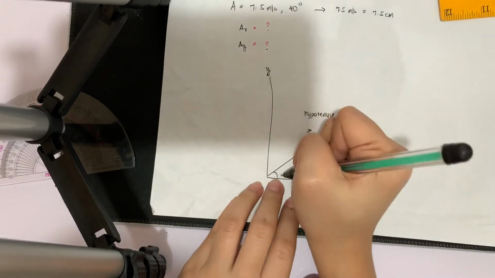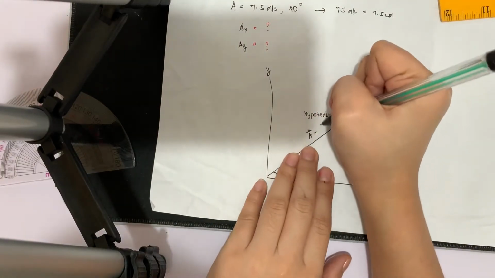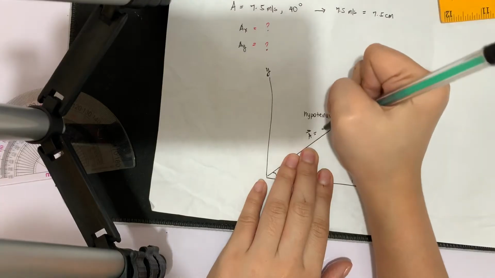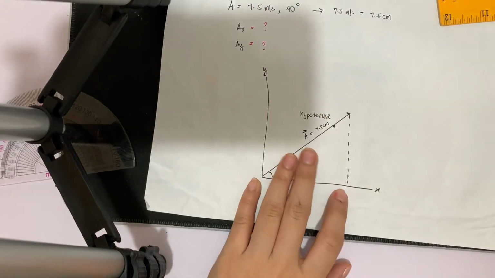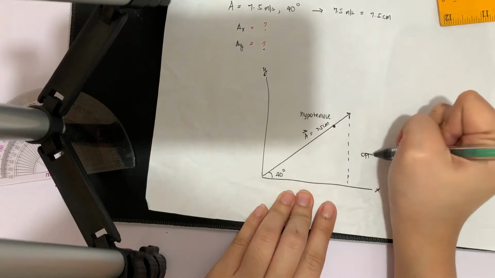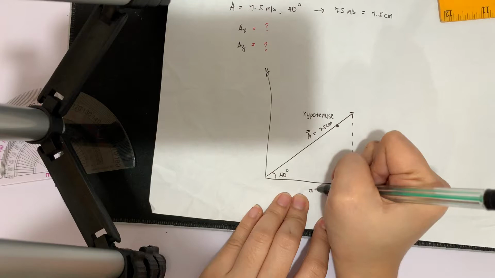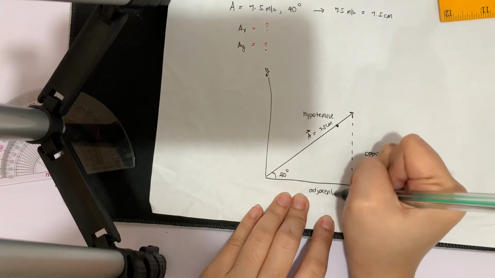Our angle measures 40 degrees, and our measurement is 7.5 cm. Our opposite side is located here since it is opposite the angle, and our adjacent is located here at the base.